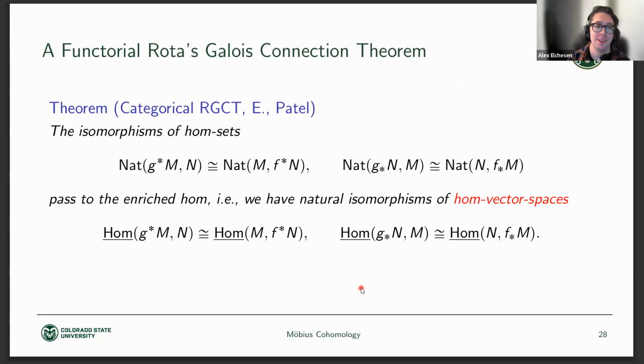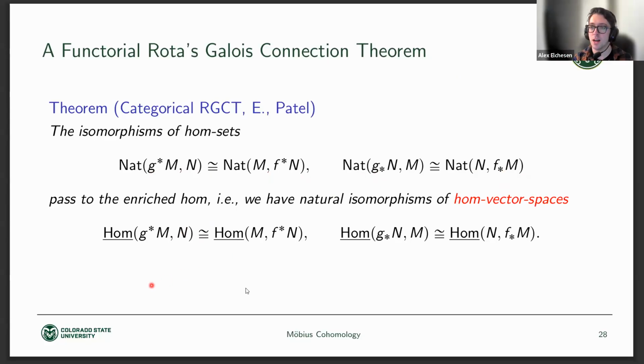Okay. And here's that statement, which maybe doesn't look like it relates at all, but the statement is that those adjunctions that we had before, so the pullback of G is left adjoint to the pullback of F, and the push forward of G is left adjoint to the push forward of F, can actually be upgraded to isomorphisms of vector spaces.